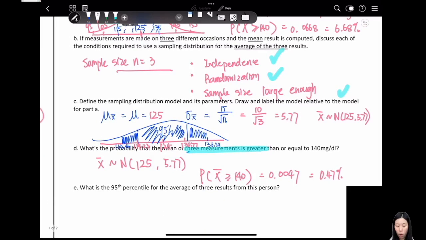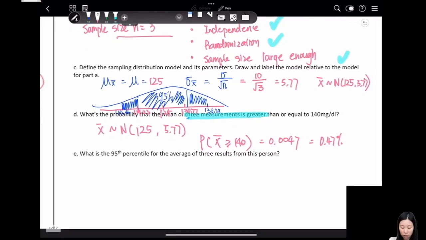Okay, what about the 95th percentile of the average of these 3 results from a person? So remember, what is the 95th percentile? That means we're trying to find the cutoff value that is greater than 95% of the other values.